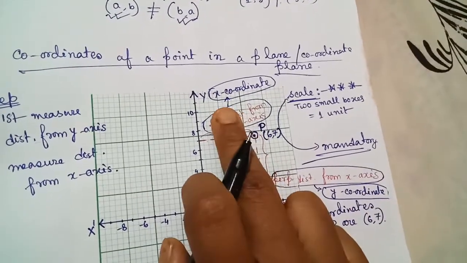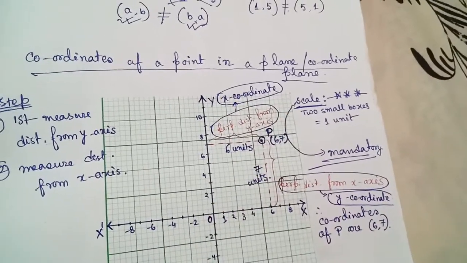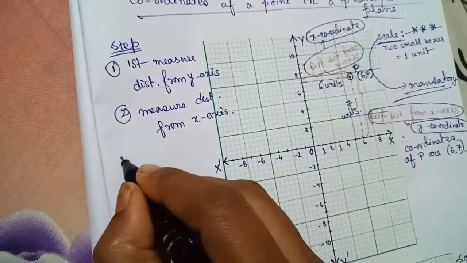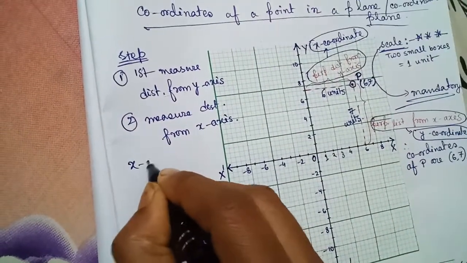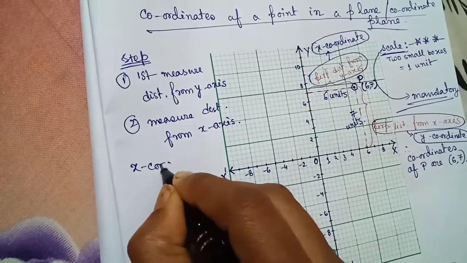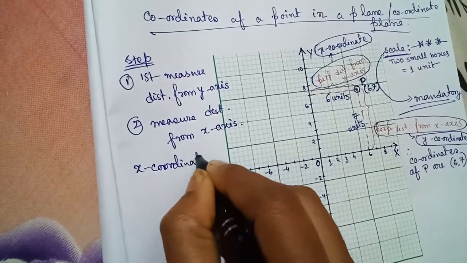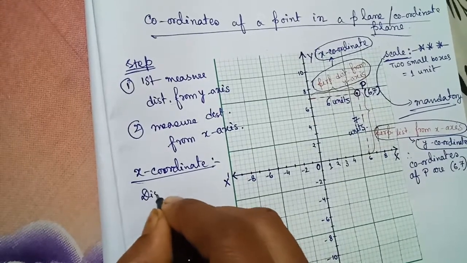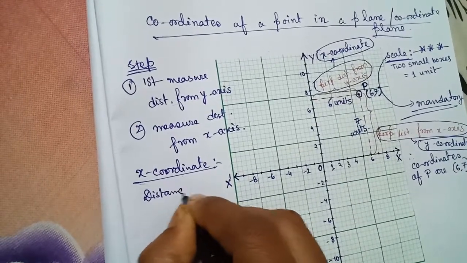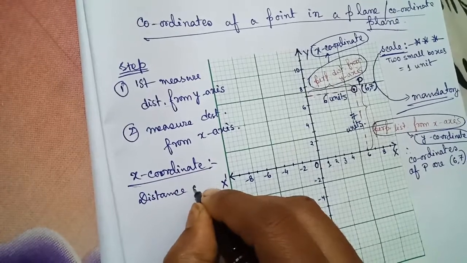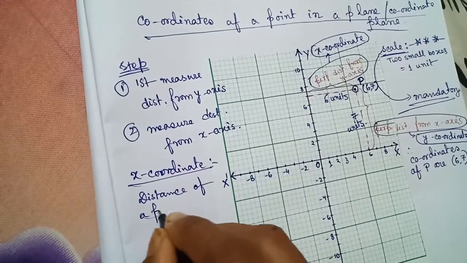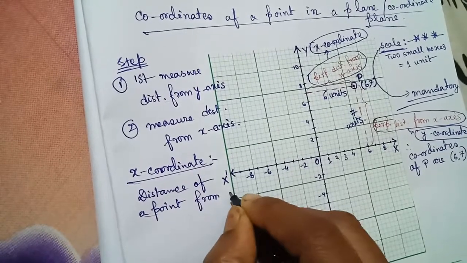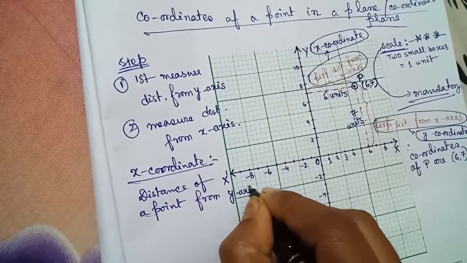So what is the definition of x coordinate? Its definition is the distance of a point from the y-axis.